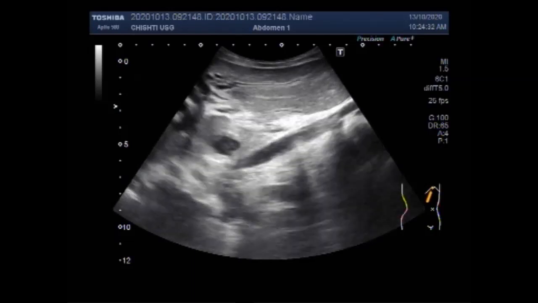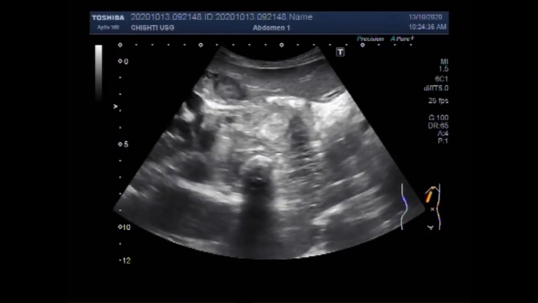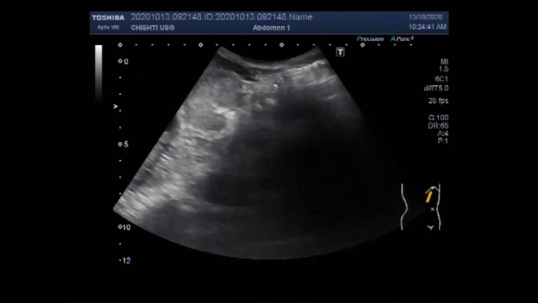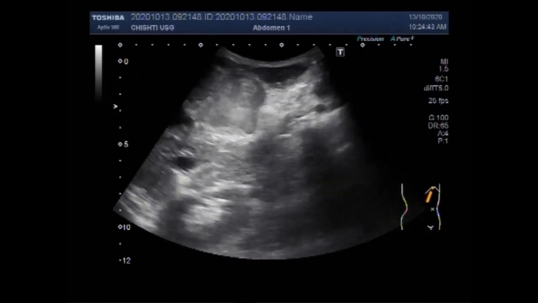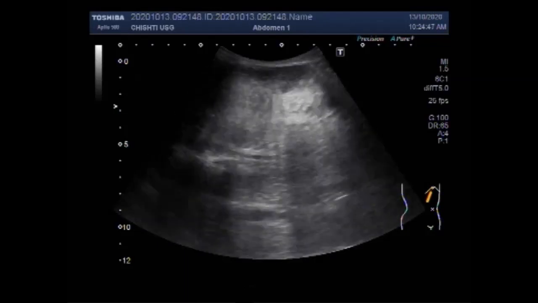You can see the liver and a large mass is seen in the right lobe of the liver. The mass is semi-solid to solid in consistency and is round to oval in shape.